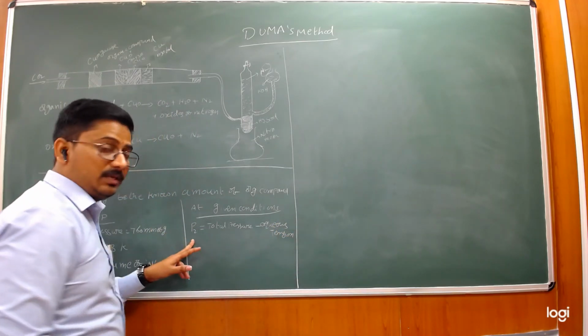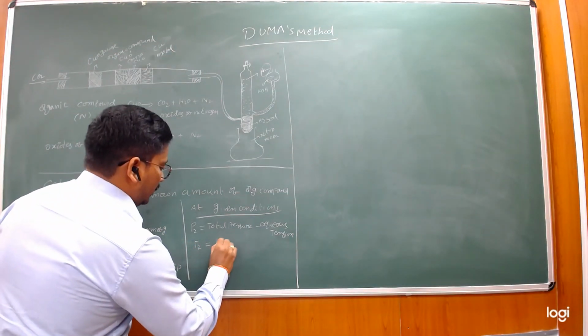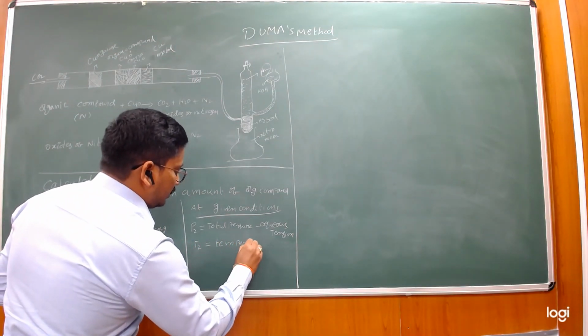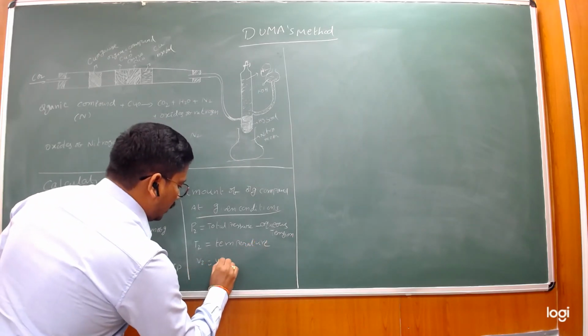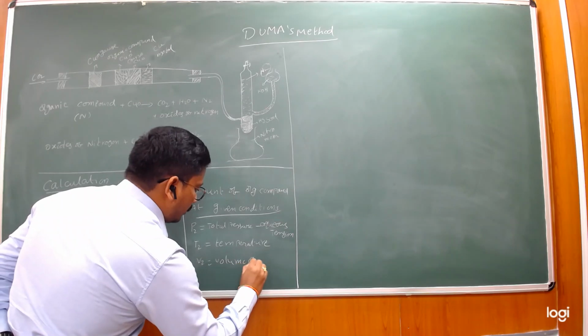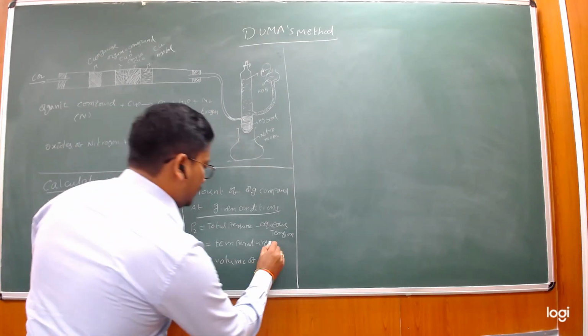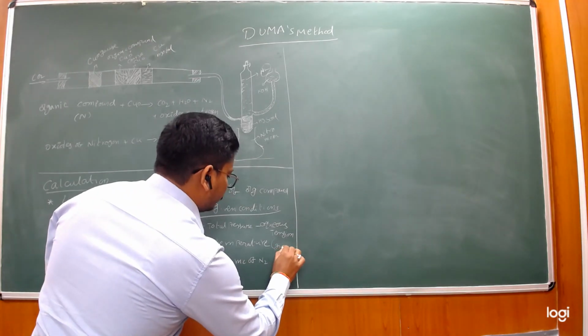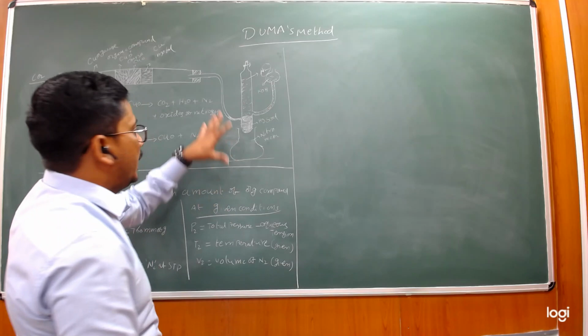So that is nothing but P2. Next, T2, temperature. This temperature also can be given in a problem. And V2, volume of N2, volume of nitrogen gas given. These two are given.